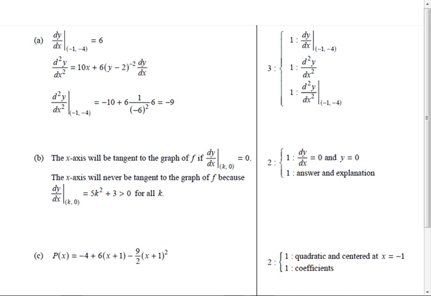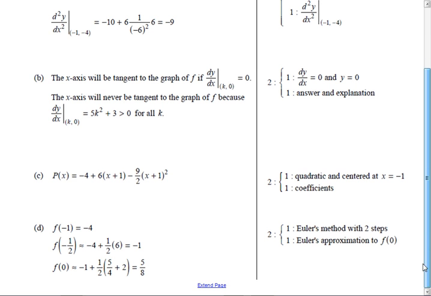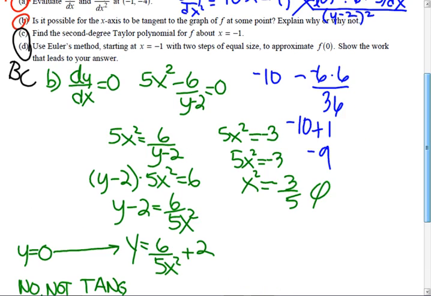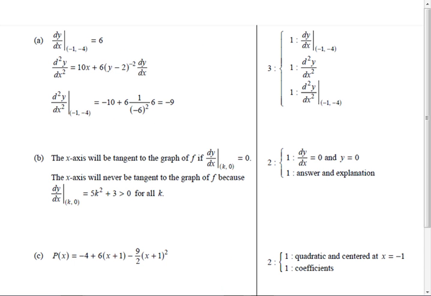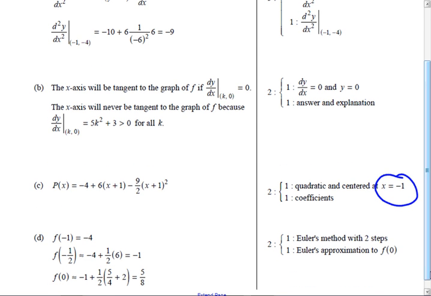I did it in a weird way, but it's okay. And did I get all my signs correct on that? Looks like I did. So how much is the Taylor one? 2. Centering it at x equals -1 is where the point, and getting all the coefficients right. So if I messed up the -9/2 somehow, I still could get 1 point.